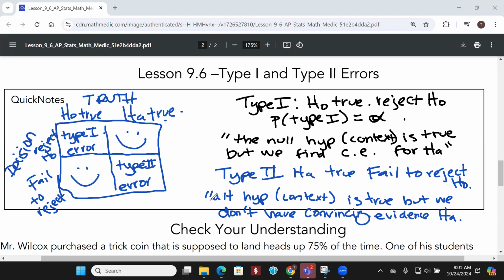Your description is: the alternative hypothesis in context is true, but we don't have convincing evidence for the alternative hypothesis. Most of the time, these questions are going to be describe the type of error that you could have. So go ahead and check your understanding, and then we're going to talk about it.